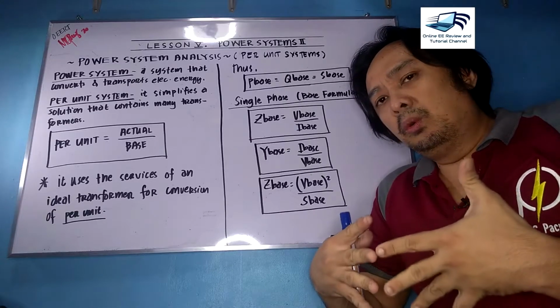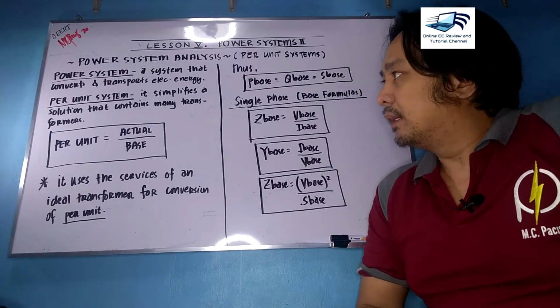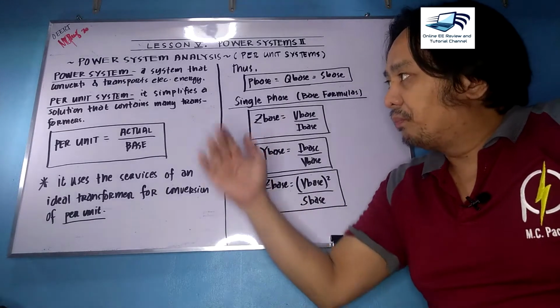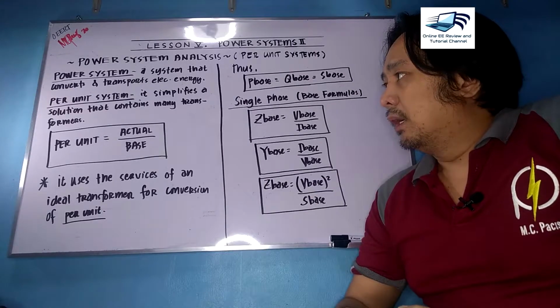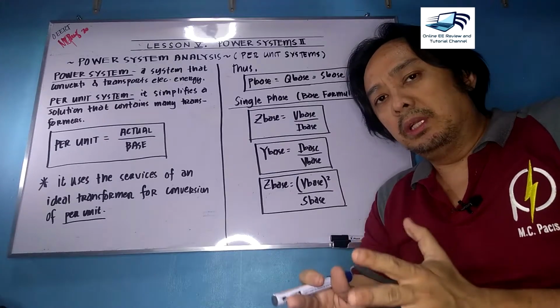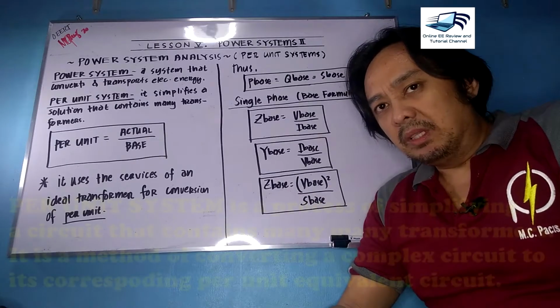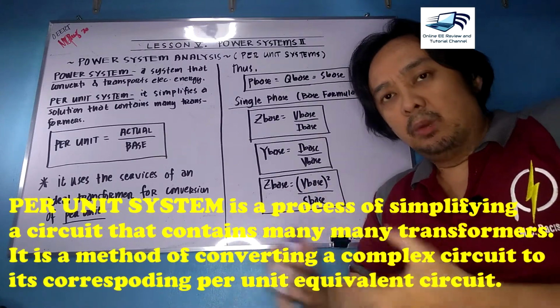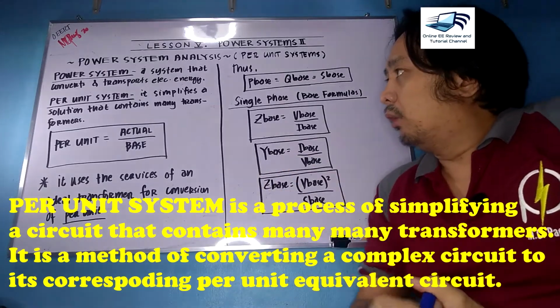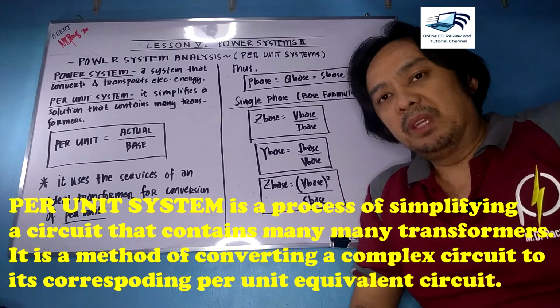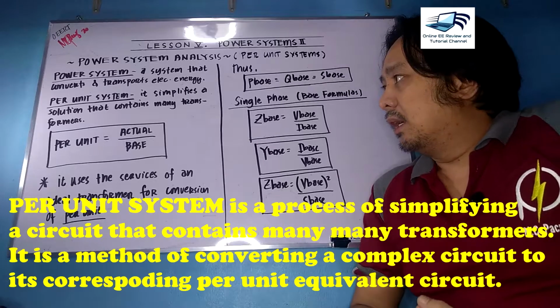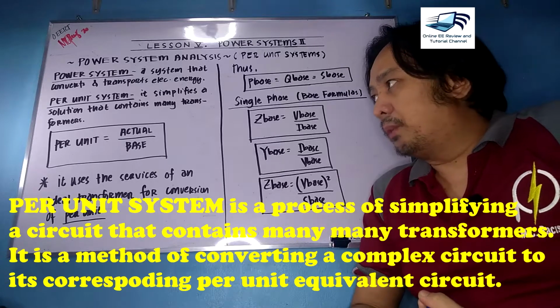Now, if you already know what a power system is, let us continue with our modeling of the power system, which is the per unit system. We need to model a system wherein we can analyze what is going on in our power system. The per unit system is a simplification solution which contains transformers.